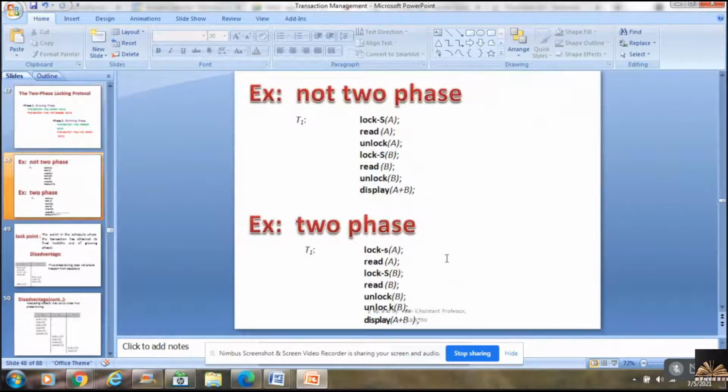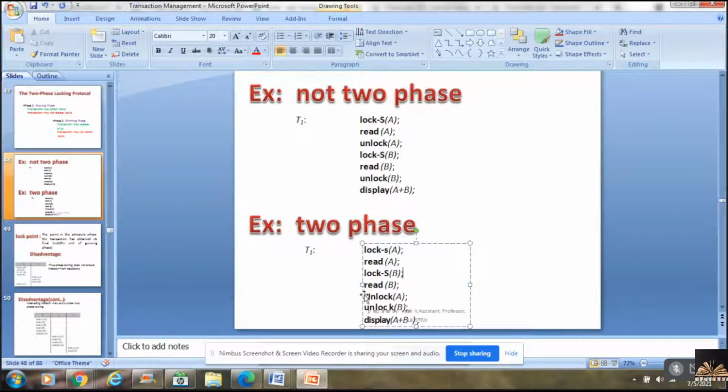And here, what I'm trying to do is lock S on A, lock S on B. After reading both A and B values, I unlock A, unlock B. So here the locking is enough for me, and hence this point would be the lock point.